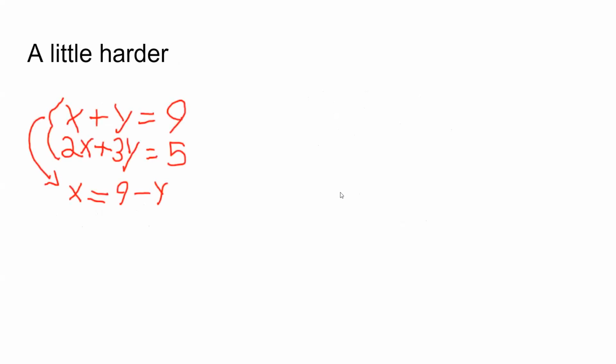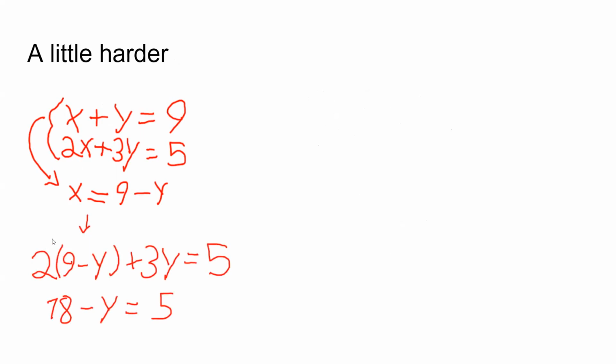Now we're going to do a slightly harder example: x plus y equals 9, and 2x plus 3y equals 5. Again, we rewrite the first equation so we get one variable on the left side, x equals 9 minus y. Now we plug 9 minus y into the second equation: 2 times 9 minus y, plus 3y equals 5.